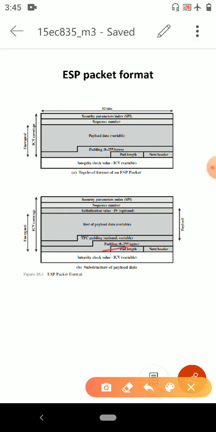If an encryption algorithm requires the plain text to be a multiple of some number of bytes, for example the multiple of a single block for a block cipher, the padding field is used to expand the plain text consisting of the payload data, padding, pad length and next header fields to the required length.